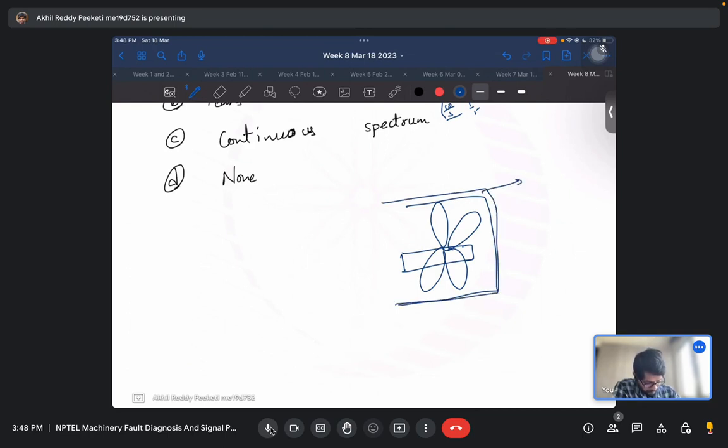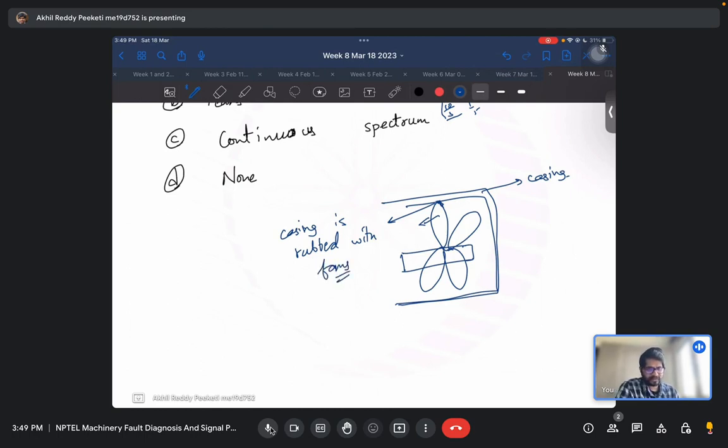Now let's say this fan is for some reason slightly taller than the others, so whenever this fan passes at this location, the casing is rubbed by the fan.